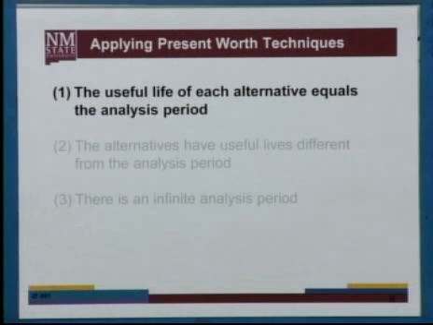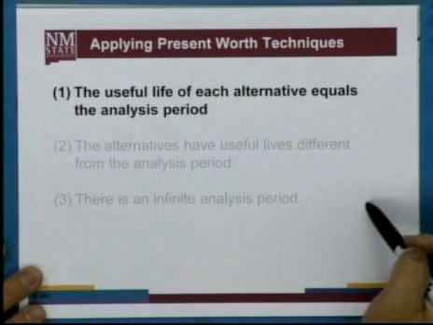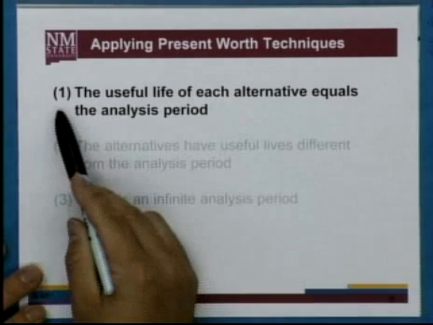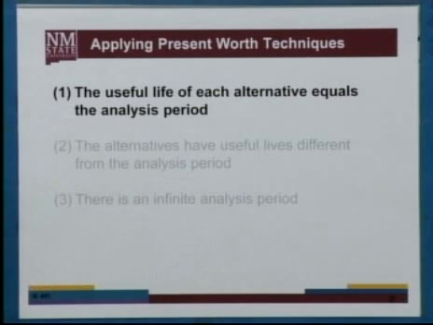And when you apply the present worth analysis, we may have these 3 different analysis period situations. The first case would be where, for each alternative, useful lives are equal to the analysis period.